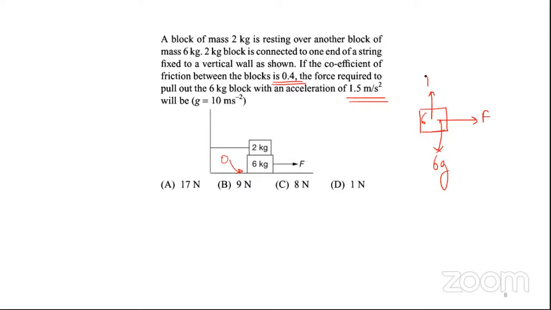So I can call it NS, and a normal from above by the block acting below. So I can call this NB, and friction by the block above it. This block wants to move to the right, so friction will be acting to the left.